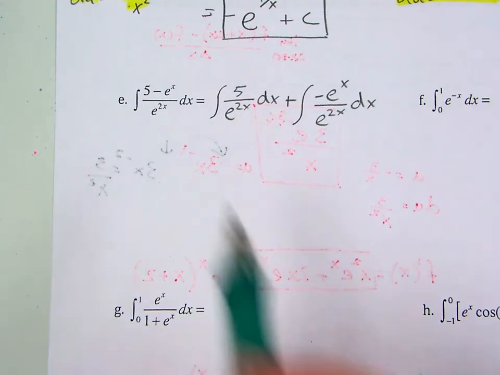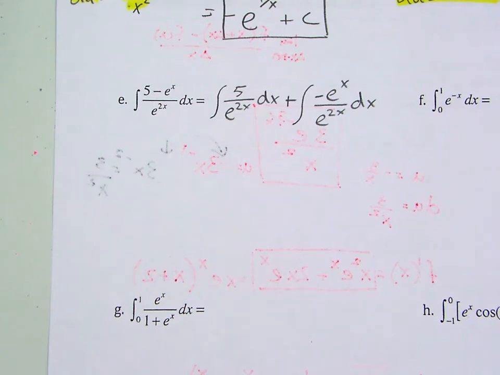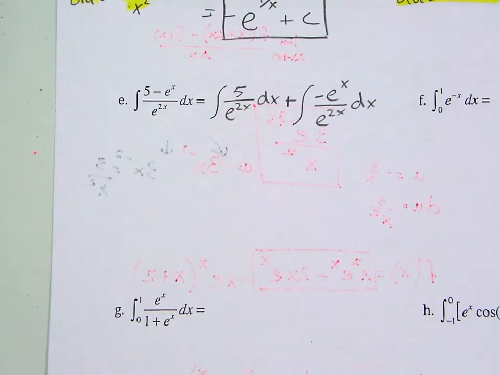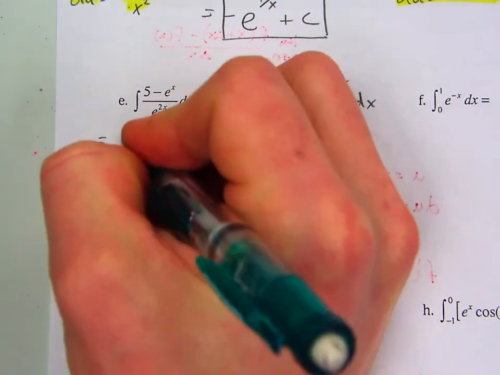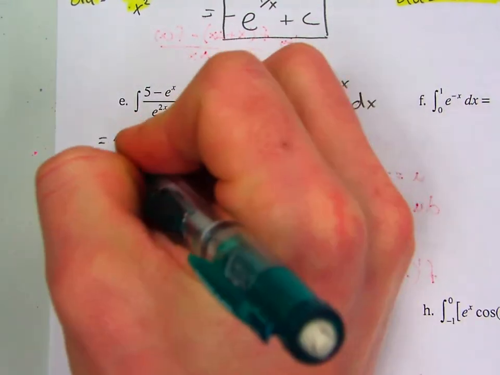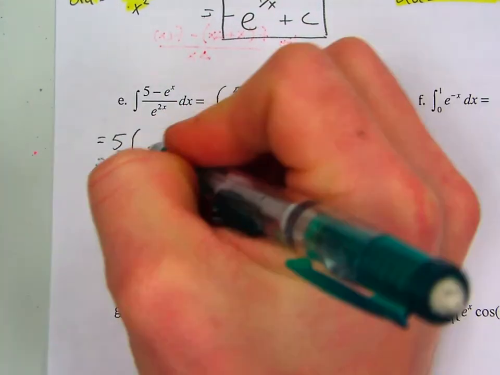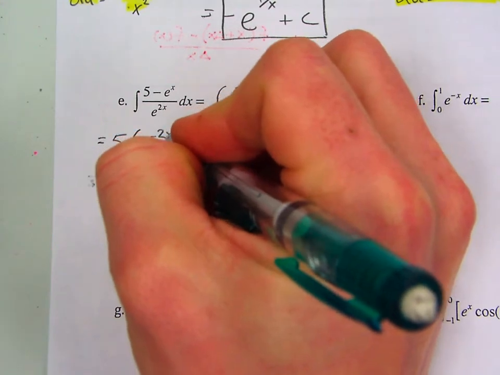So what we're going to do instead is integrate each one separately. And I think we're going to go ahead and get rid of the fraction type of idea here. I'm going to take out my constant multiple if that's okay, and I'm going to write e to the negative 2x.